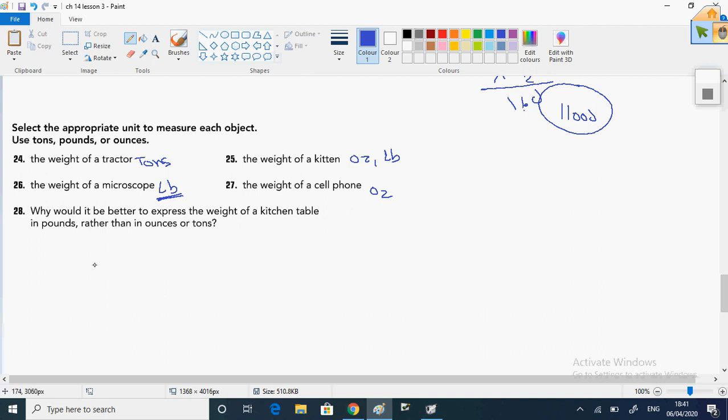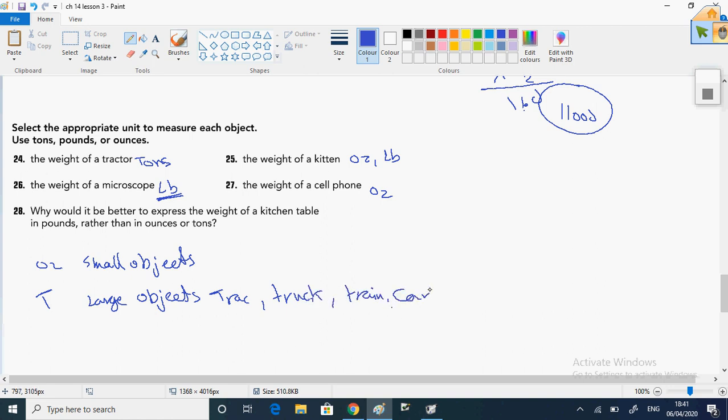We use it for small objects, and ton, we are using ton for large objects like tractor or truck or train or car or anything like that.